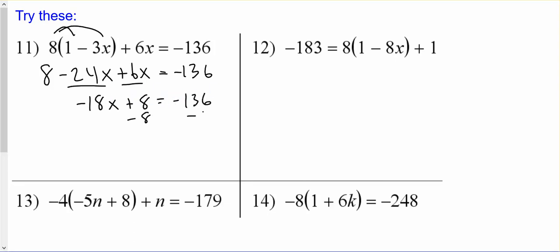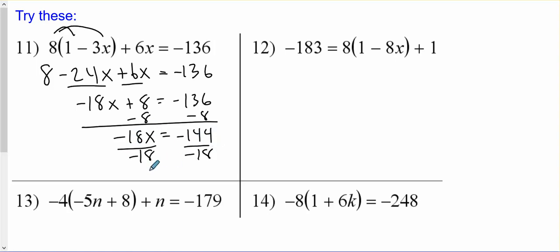Subtract 8. Negative 18x equals negative 144. So we're dividing by negative 18. Two negatives make a positive, so that makes positive 8.